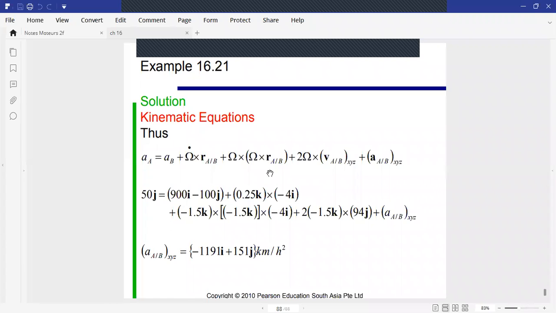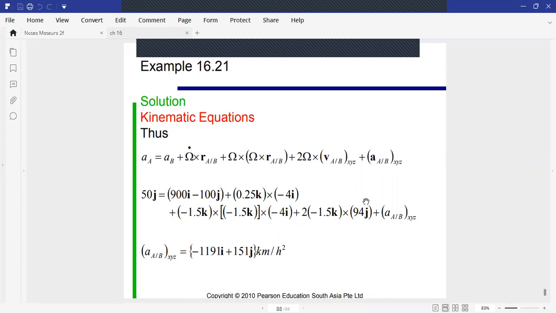Now they did the long method. They replaced omega and BA by their values, and you obtain this. And this is the relative velocity we have calculated in the previous step, so we replace VA relative to B by 94J.